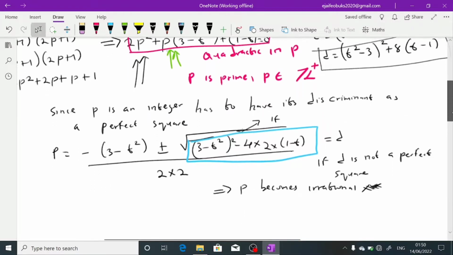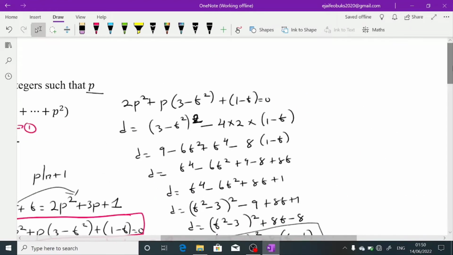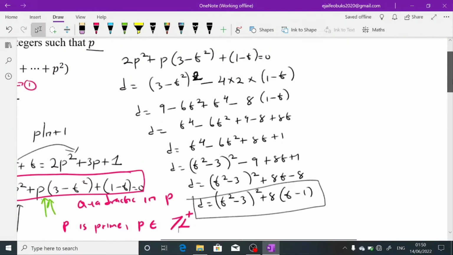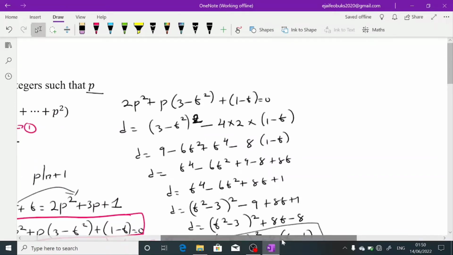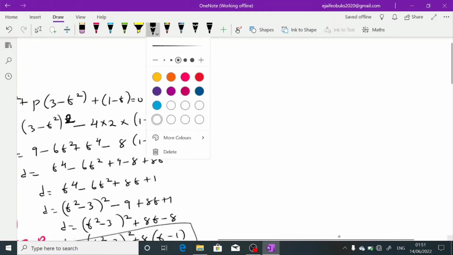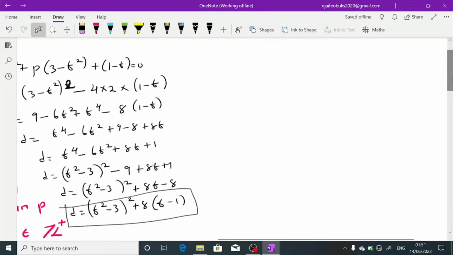Then there's also something I want to do on d now, which I want you to see. I'm going to use another very famous technique here to show you that for certain values, d cannot be a perfect square. Let's see how that works out. d is equal to (t squared minus 3) all squared plus 8 times (t minus 1).